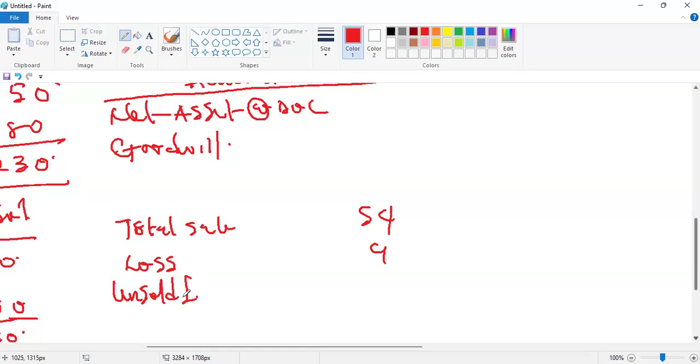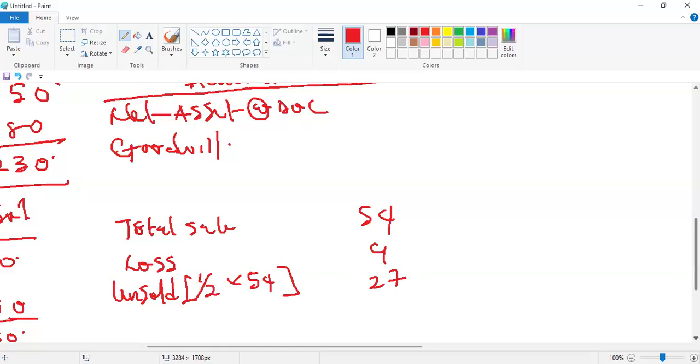Question 6. Is there any unsold? Yes. Omobote Limited still has half of these goods in inventory. Half of it times 54 will give me 27.